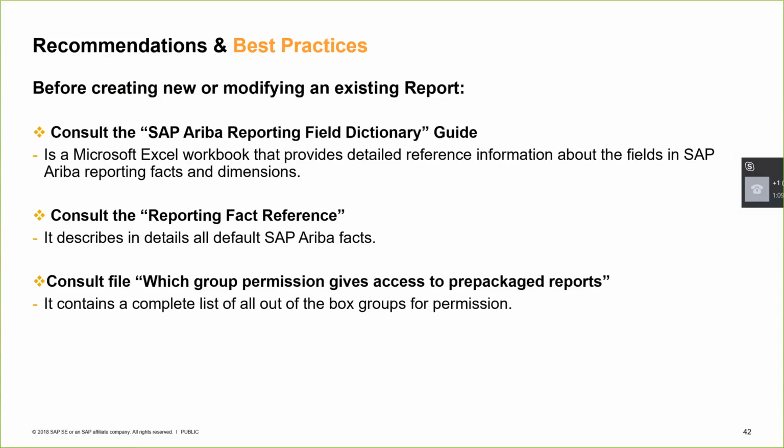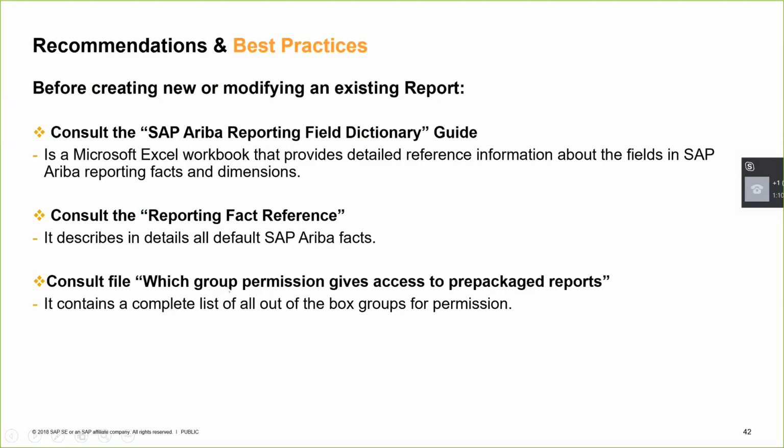And some best practices when creating or modifying an existing report. You can also use this SAP Ariba reporting field dictionary guide. It's an Excel file that will give you all the fields and all the reporting facts and dimensions. There's also this reporting fact reference that describes all the Ariba facts and what they are made for.